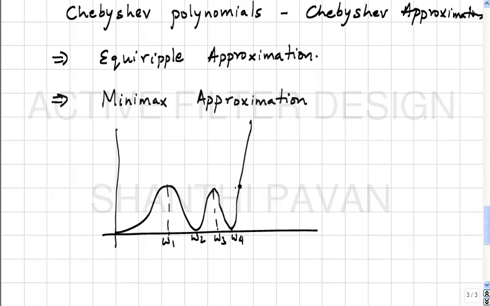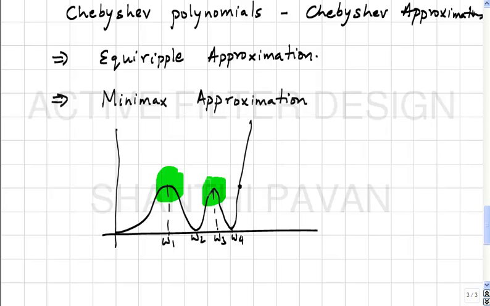But at this point, all that I want to point out is that the choice of omega 2 and omega 4 is not arbitrary. These are some special smart ways of choosing omega 2 and omega 4. If I move the perturbed omega 2 and omega 4 away from their values given by the Chebyshev approximation, what do you think will happen to the height of the left ripple? The heights of this peak and this peak will no longer be equal. We are trying to approximate 0 here, correct?